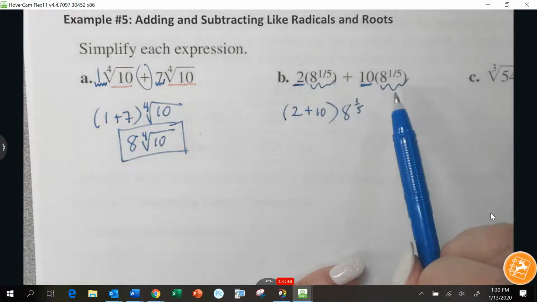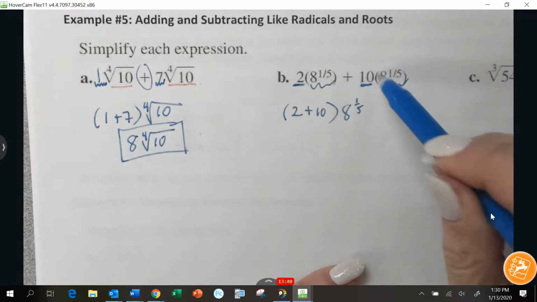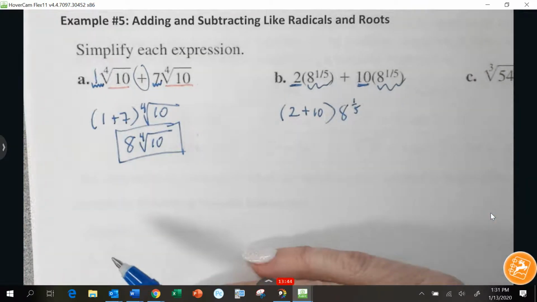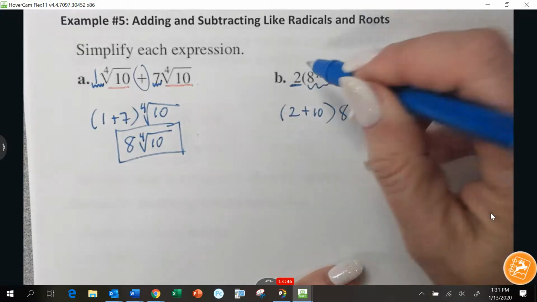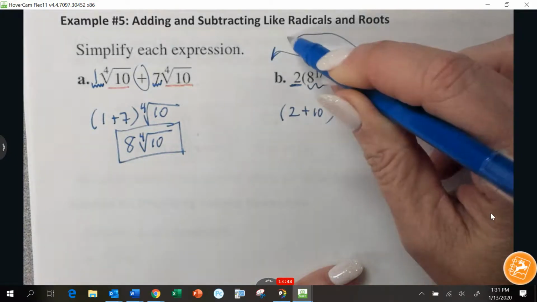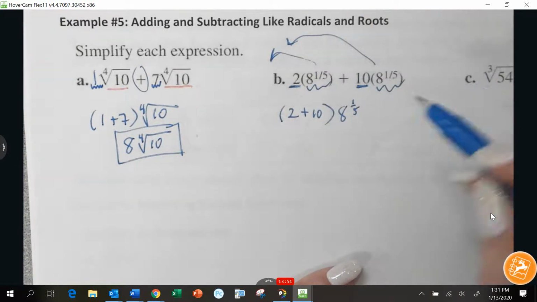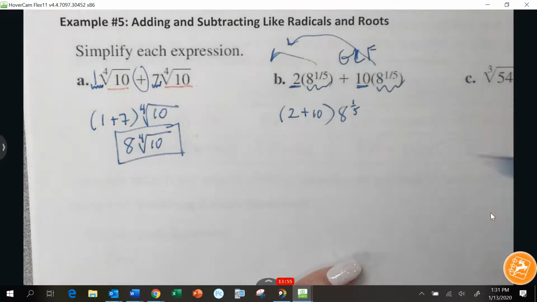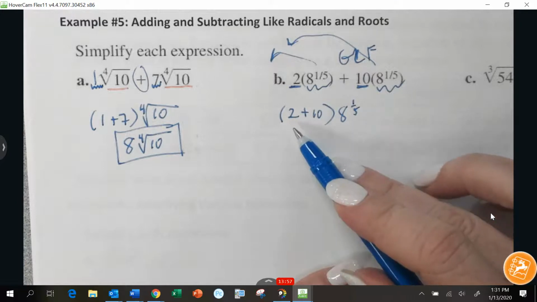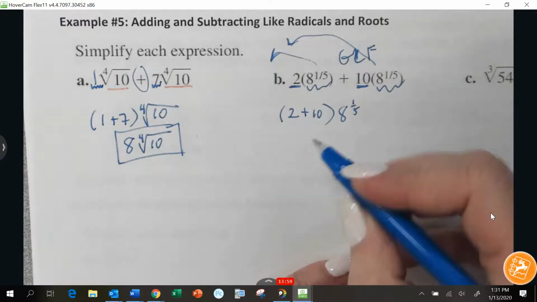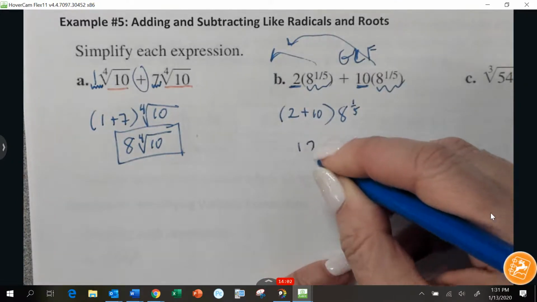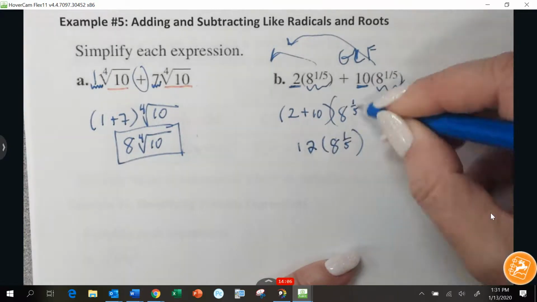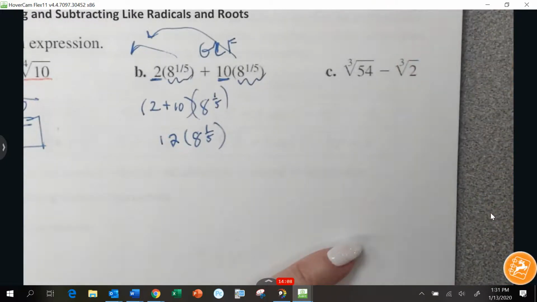I just used the distributive property to factor out 8 to the 1/5. Remember the distributive property with factoring? GCF? You don't remember factoring out the GCF? I just put the parenthesis in front instead of behind. All right, so what's 2 plus 10? 12, parenthesis, 8 to the 1/5. That's the answer.